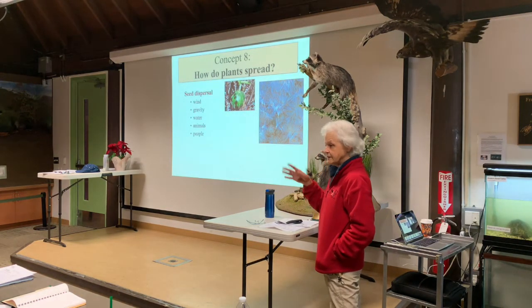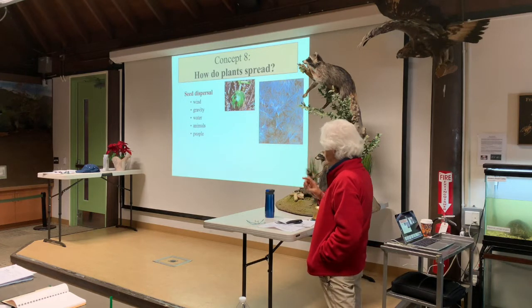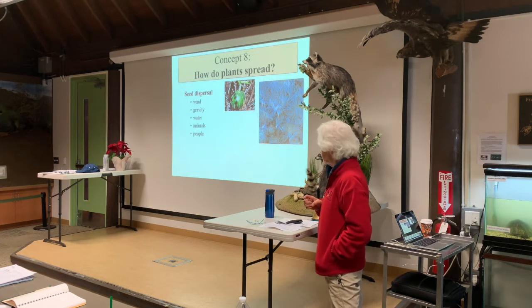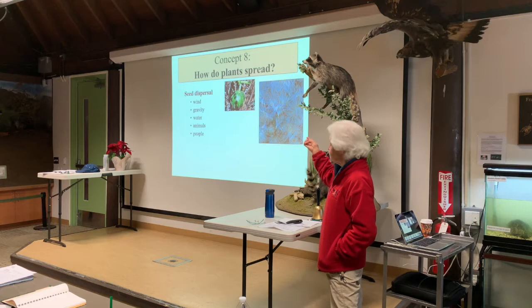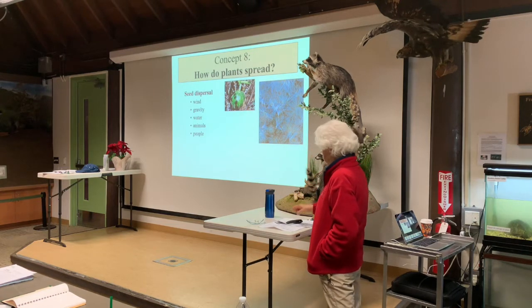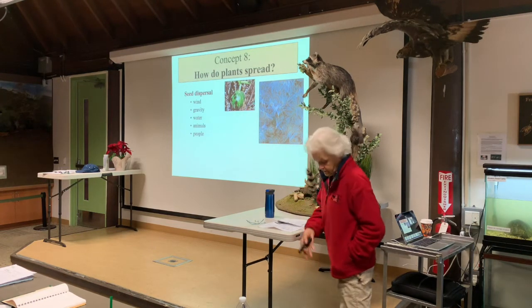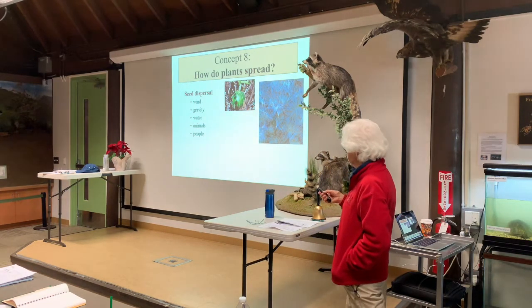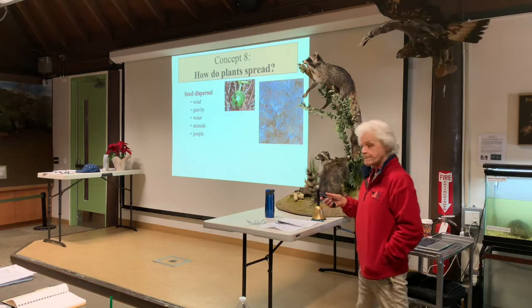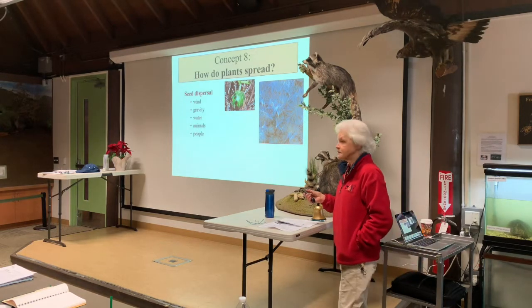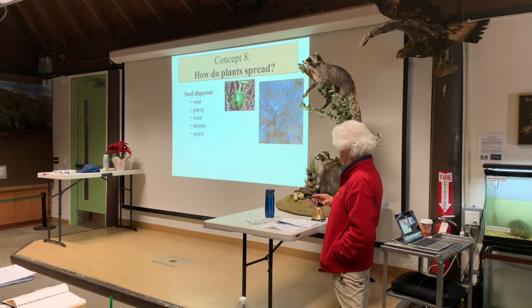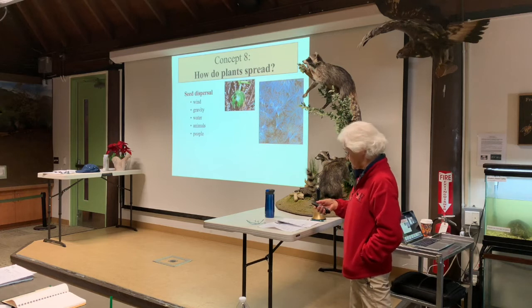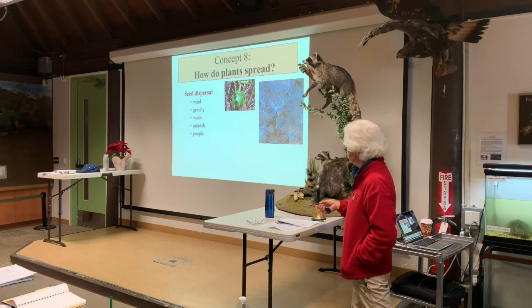Animals eat it and then spread it with their droppings, or they carry it in their fur. And people, or in their boots, the two-legged animals. And people, truck tires, that's how the seed gets dispersed.